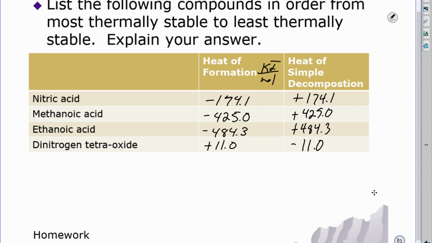Okay. So, which is the most stable? Which requires the most amount of energy to break it apart? Ethanoic acid, also called acetic acid. So the most stable is ethanoic acid.